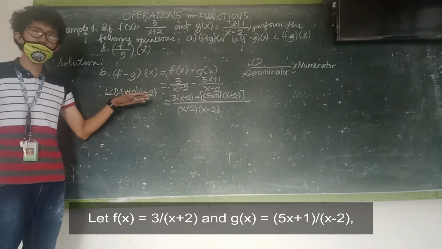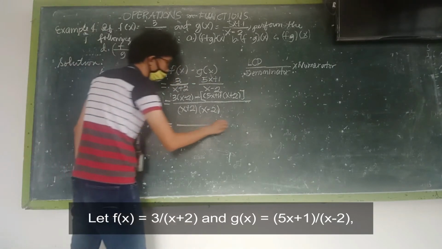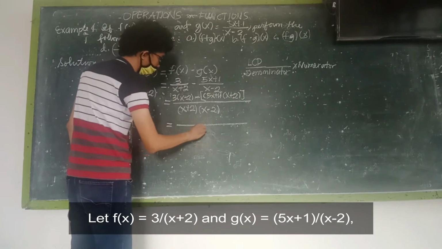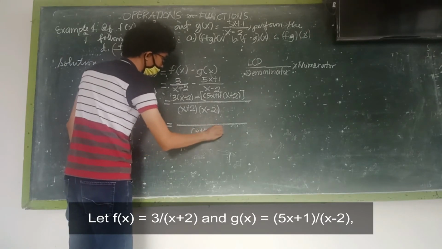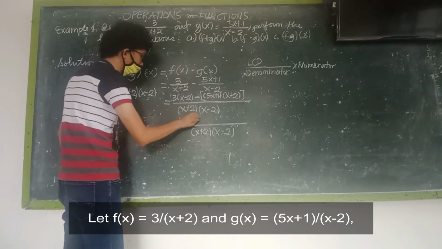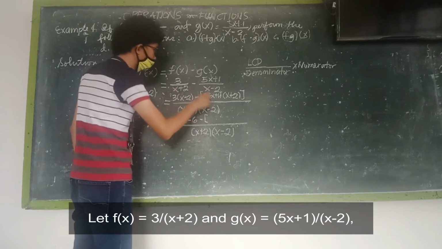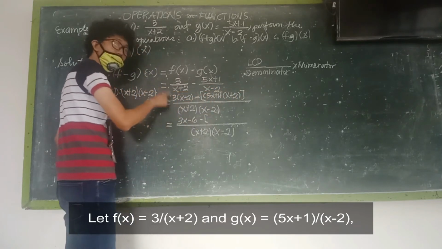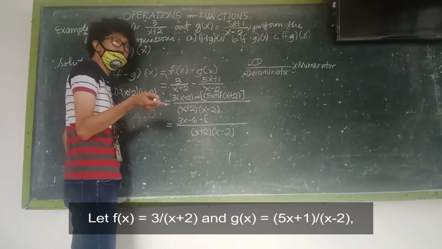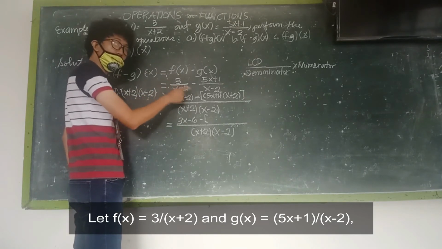So, i-perform natin ang operation sa numerator. We have x plus 2 times x minus 2, we have 3x minus 6, same process, FOIL method tayo. Dito, nag-distribution tayo. Kung ano yung answer natin kanina sa addition, yun pa rin ang magiging sagot, 3x, at saka 3 times negative 2.